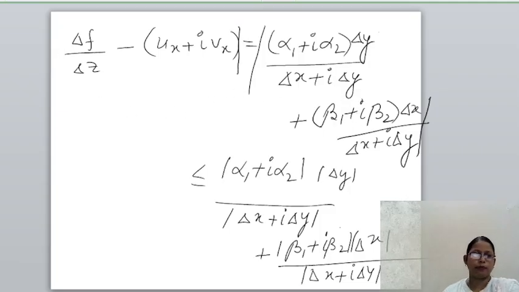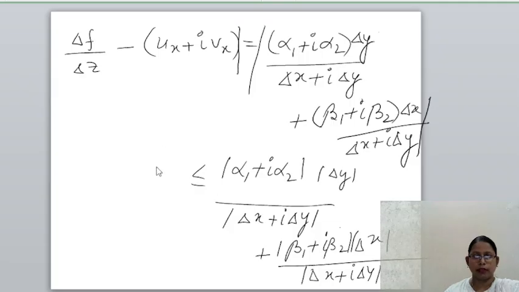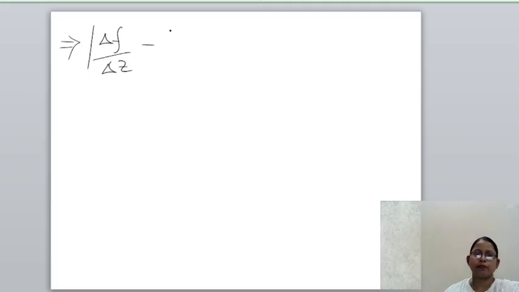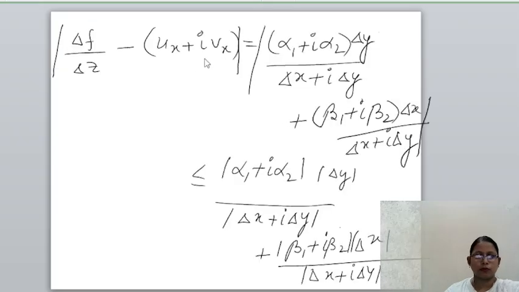So in the next step, write this one. The next step will be the modulus of Δf/Δz minus (ux + i vx) is less than or equal to |α1 + iα2| + |β1 + iβ2|, that is this, less than or equal to this one.